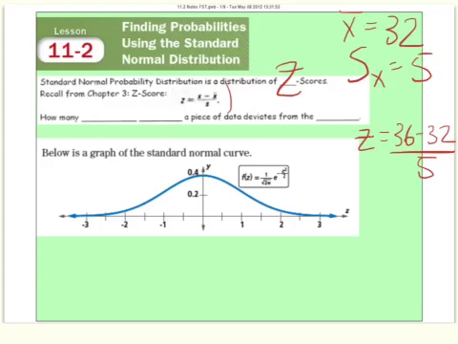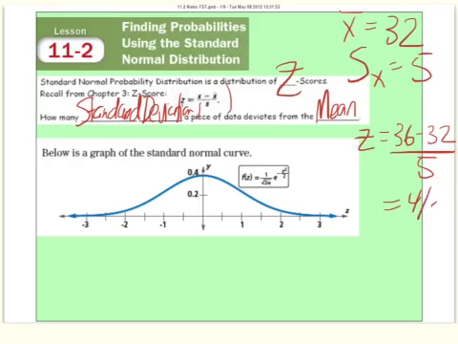It says how many standard deviations a piece of data is from the mean. So in this case, if I scored a 36 on a test with a mean of 32, I would be 4/5 standard deviations, or about 0.8 standard deviations. I'm not quite 5 points above the mean on this one.